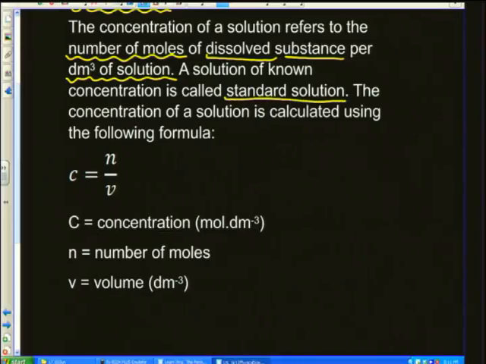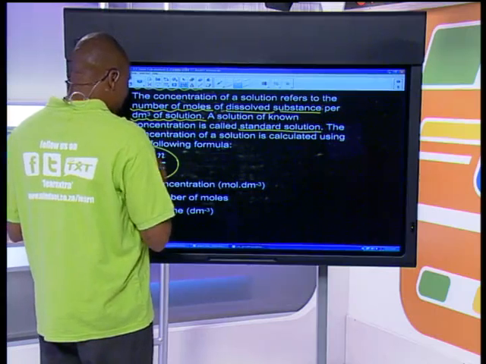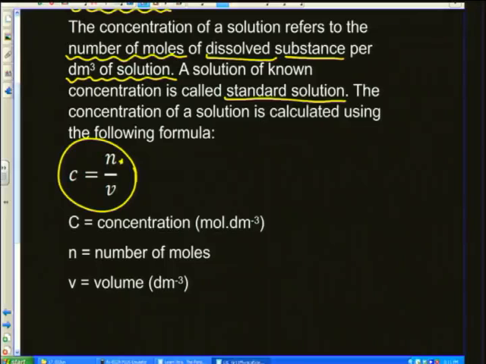The concentration of a solution is calculated using the following formula. Now that becomes very important. So concentration equals number of moles divided by the volume in which this amount of a substance has been dissolved.